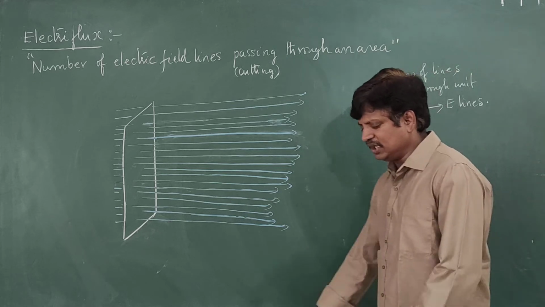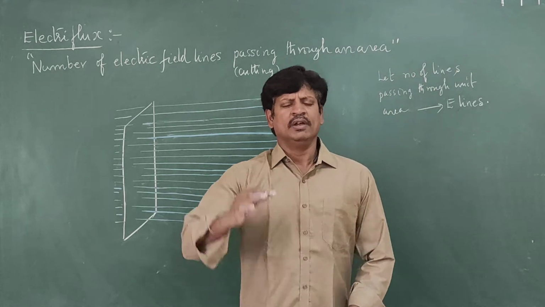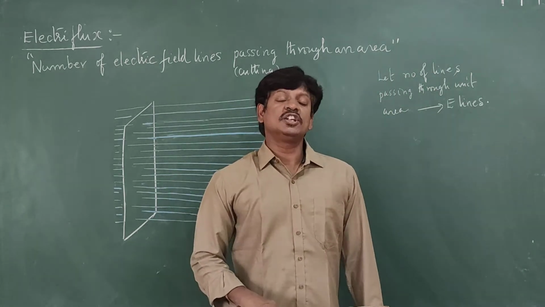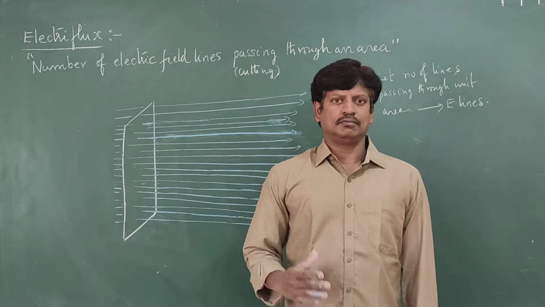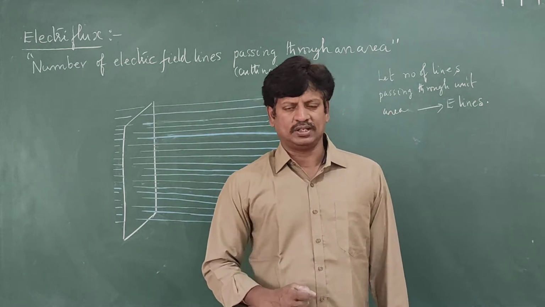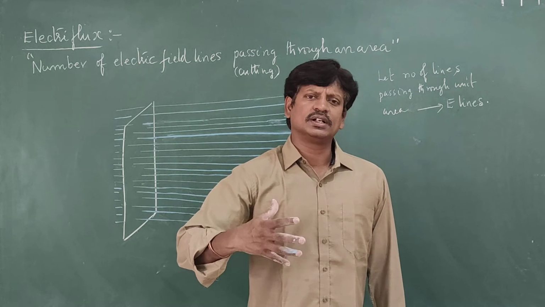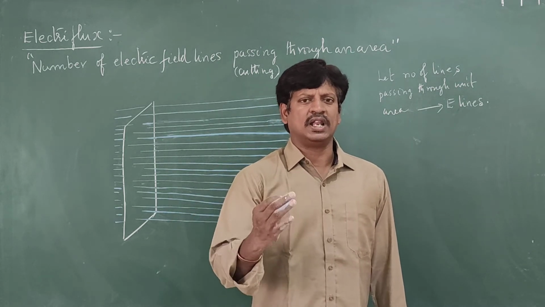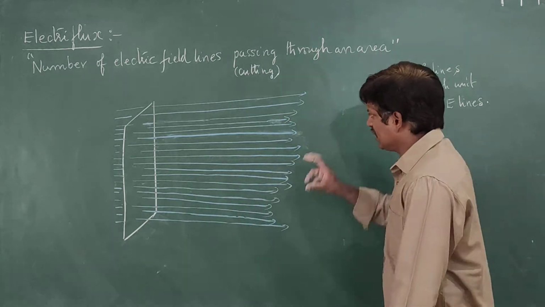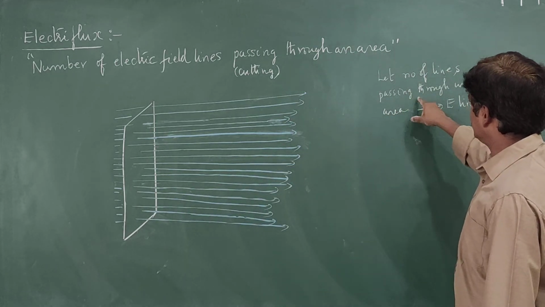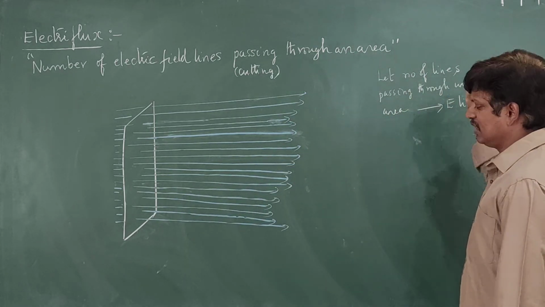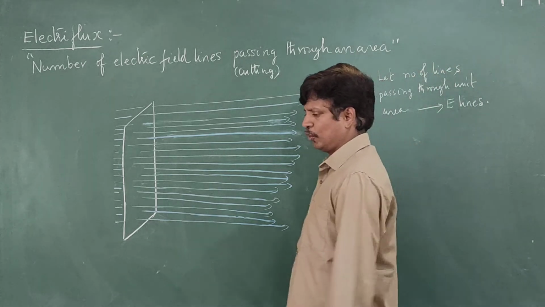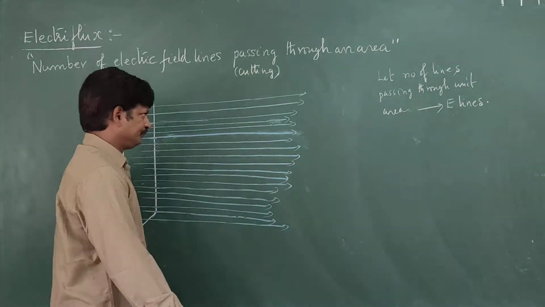We have discussed that if the electric field is stronger, more lines are present; if the electric field is weaker, there are fewer lines. So let us define the number of lines per unit area as E lines.